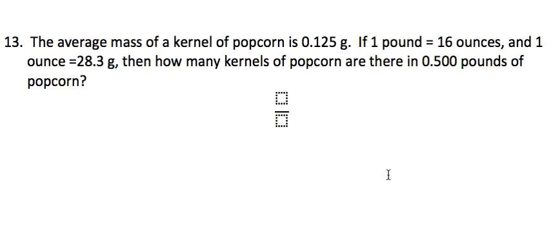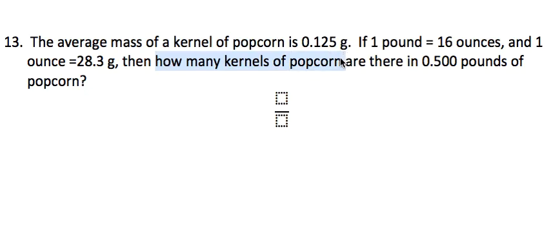The average mass of a kernel of popcorn is 0.125 grams. If 1 pound is 16 ounces and 1 ounce is 28.3 grams, then how many kernels of popcorn are there in a half a pound of popcorn? Well, again, I hope you read that and thought to yourself, okay, what unit do I need to be in when I'm done? And I see how many kernels of popcorn.